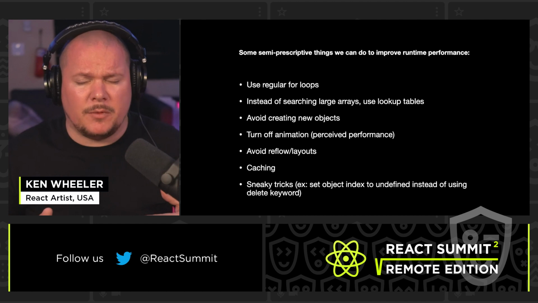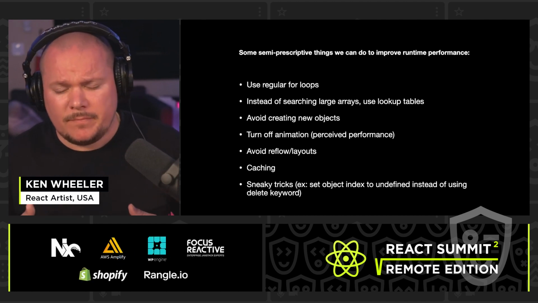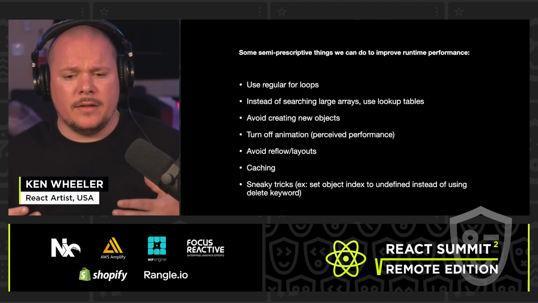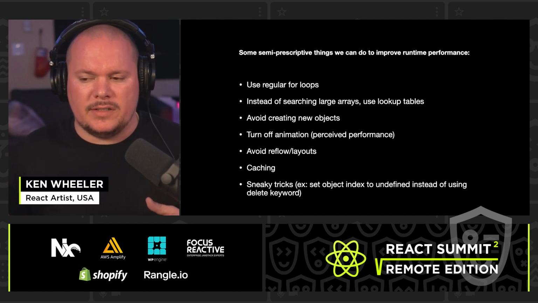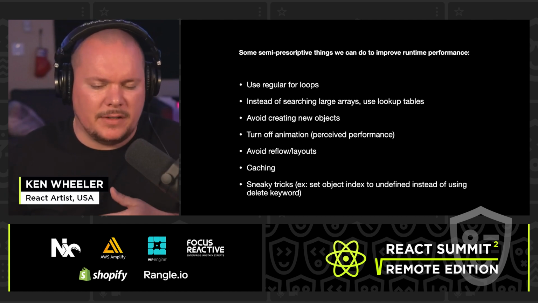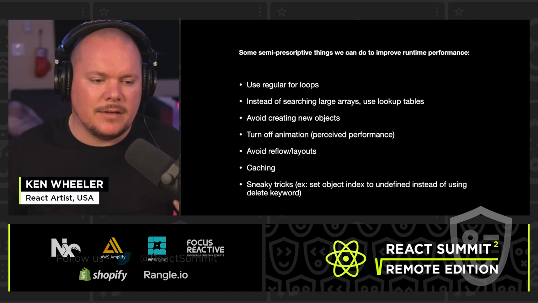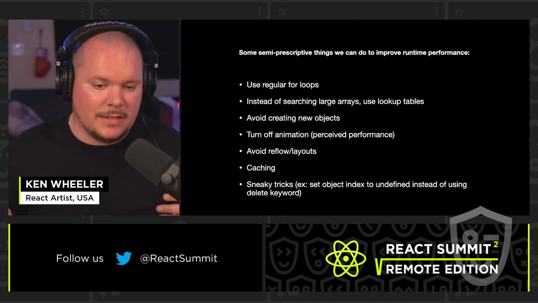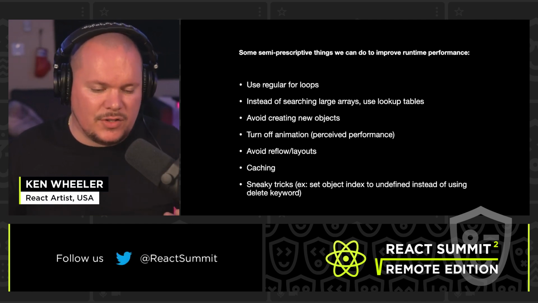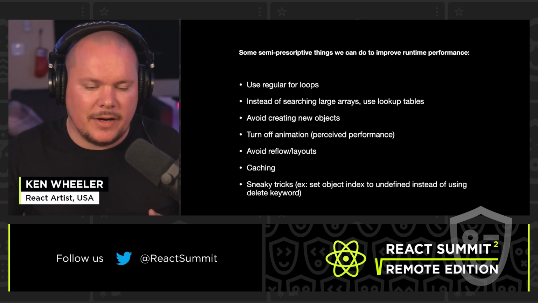And like anything else in performance, there's a trade-off. Those things are still going to come up in hasOwnProperty or something like that, so you just have to be wary of it, because there is a trade-off for everything.